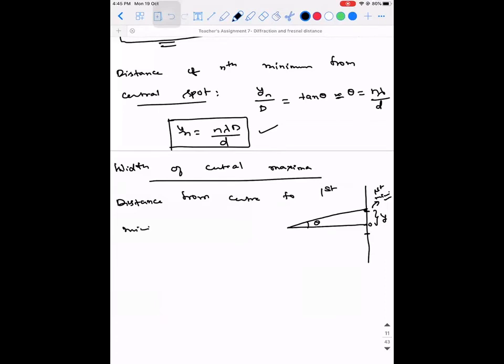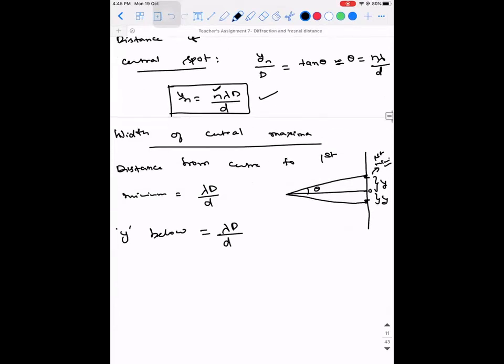First minimum is lambda into capital D by d. Accepted, guys? Because here you will substitute n is equal to 1. Similarly, what will this y below be? It is also equal to lambda into capital D by d.